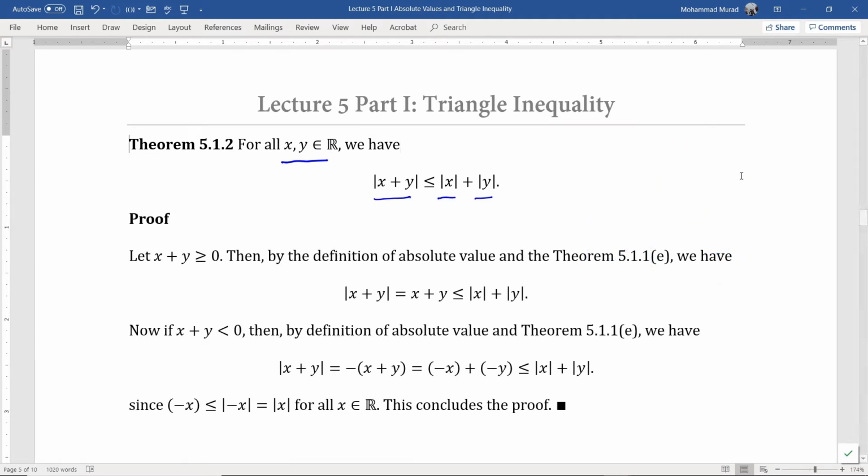In order to prove this inequality for all real numbers, let's consider the proof here. Let x plus y be a non-negative real number.